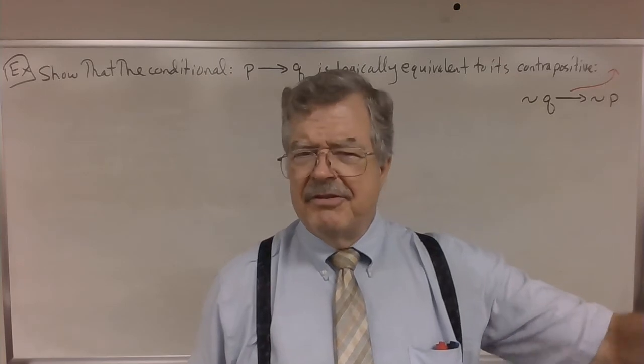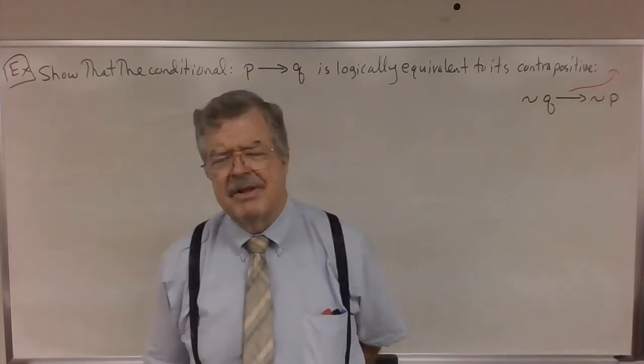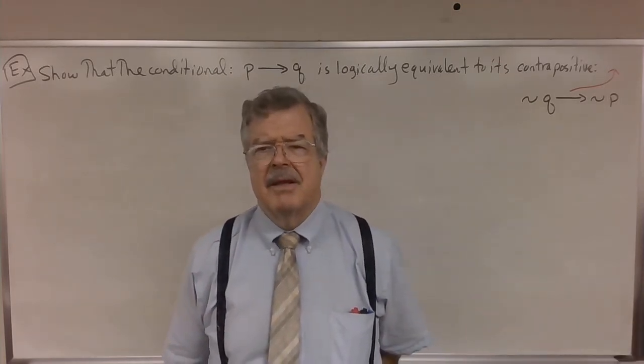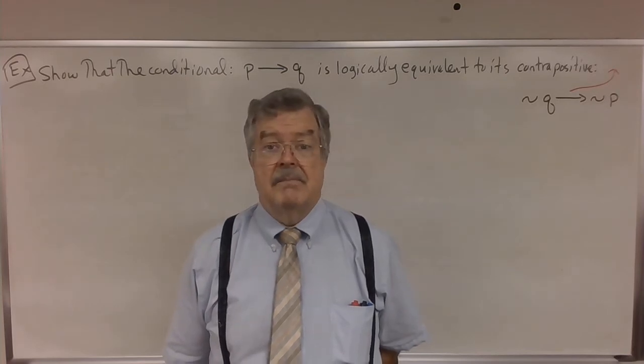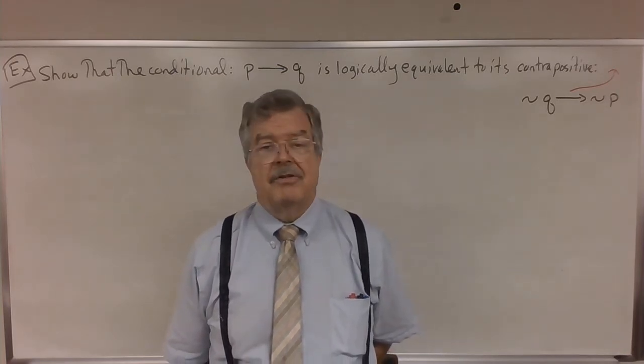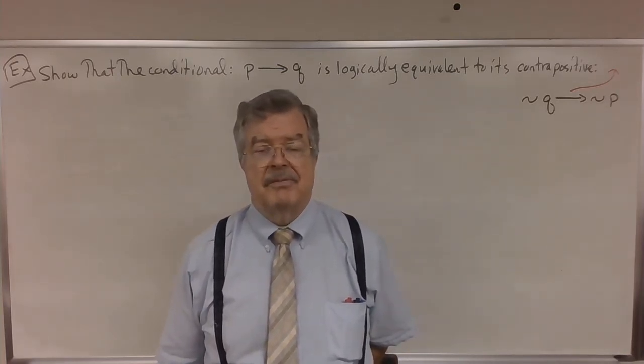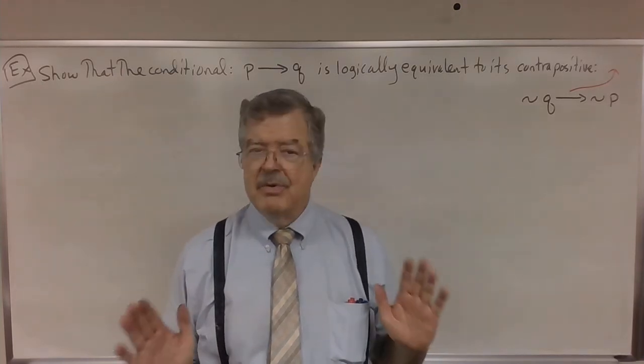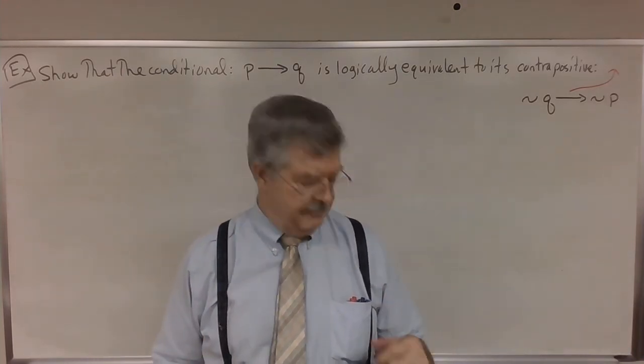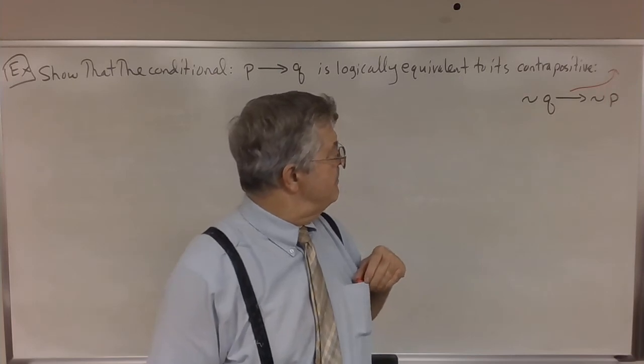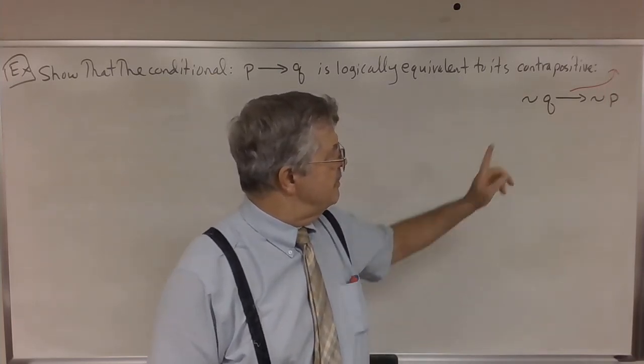So let's see, how do we show that two statements are logically equivalent? One way is to show that they have the same truth tables. And that tool is always in our toolbox. And that may be the best way to do this.